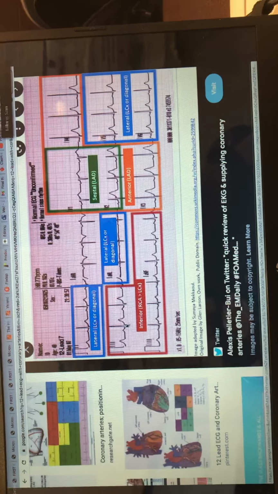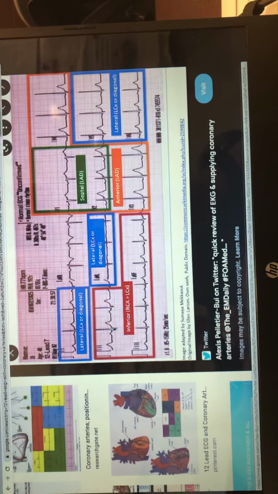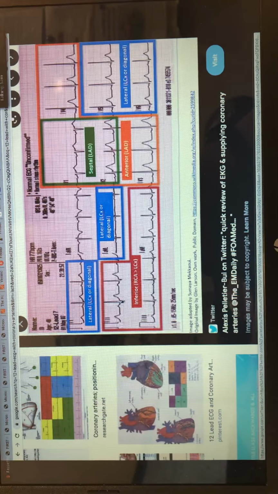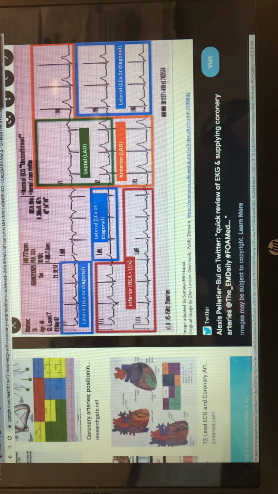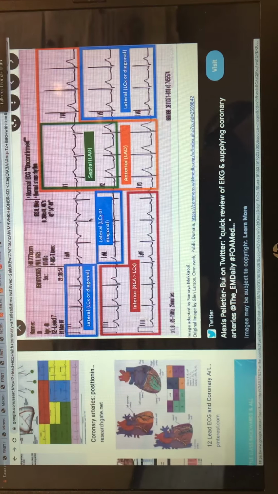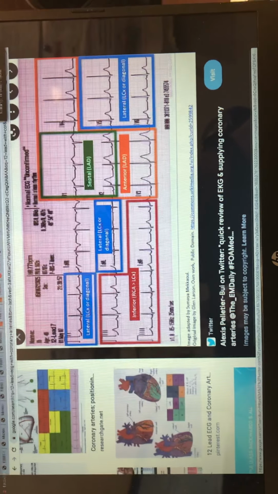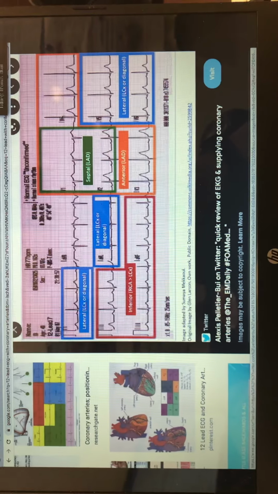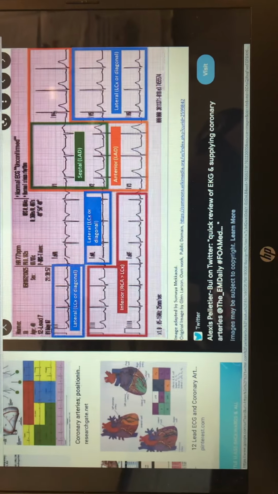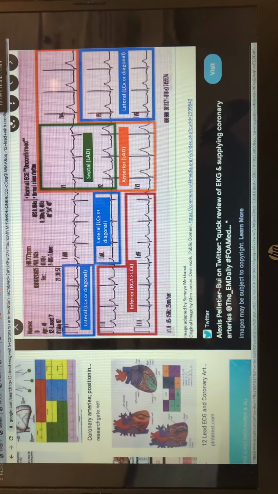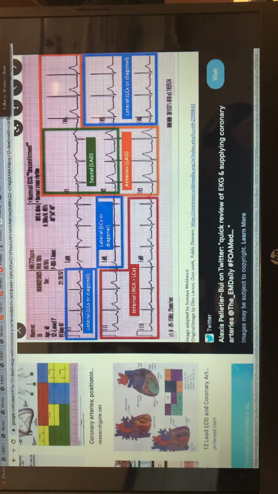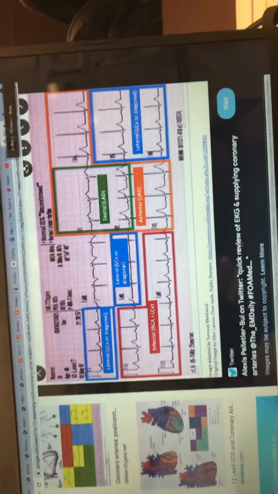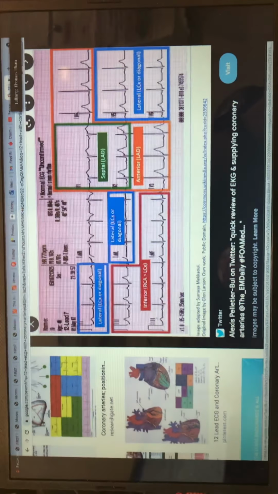This is Sam. So when you do that V4R, the only thing I'm confused on is, are you still looking at the same leads, 2, 3 and AVF? No. V4R is essentially something you can do with any electrode, first and foremost. You take an electrode and place it mid-clavicular, at the same latitude where your V4 normally goes, so you're essentially just moving it over.